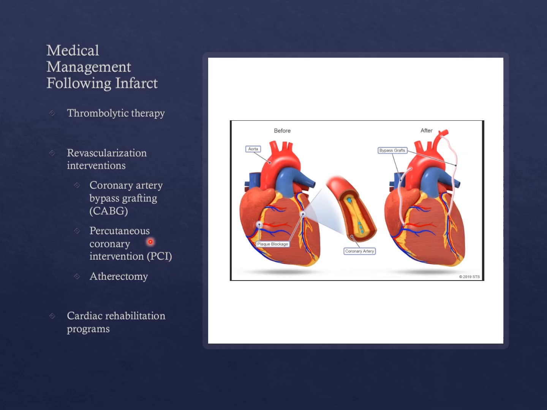And the other intervention is percutaneous coronary intervention. And this is where we go through the skin, usually into the femoral artery, but you can do it from the radial artery, anywhere where you have arterial flow. And we insert balloons and stents into the coronary arteries that push those plaques up against the wall and restore that blood supply.